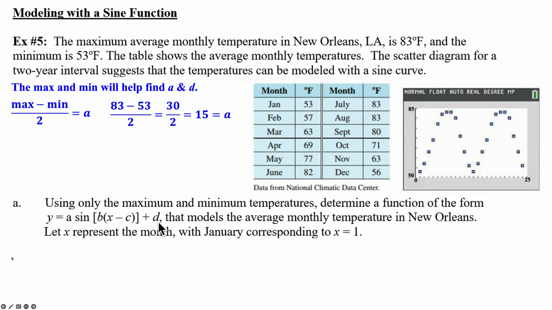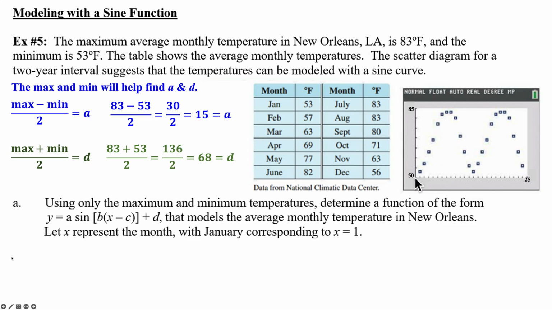To find D, this is where your x-axis is going to cut right through the half of the graph horizontally. So we want to take the average of those two temperatures, max plus min divided by 2. So 83 plus 53 is 136, divided by 2 is 68.